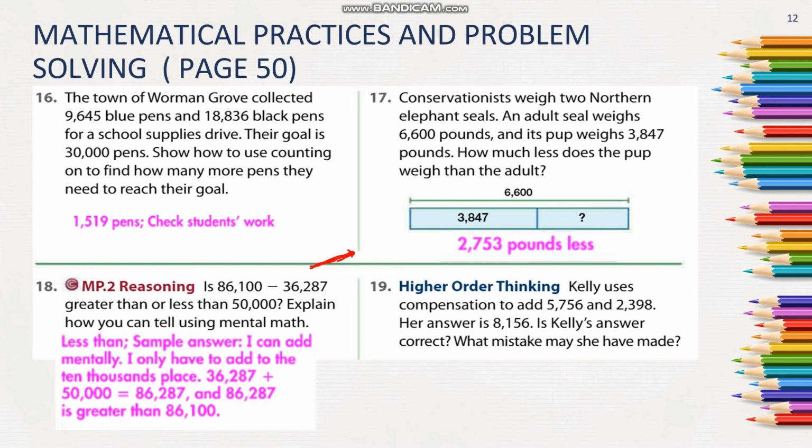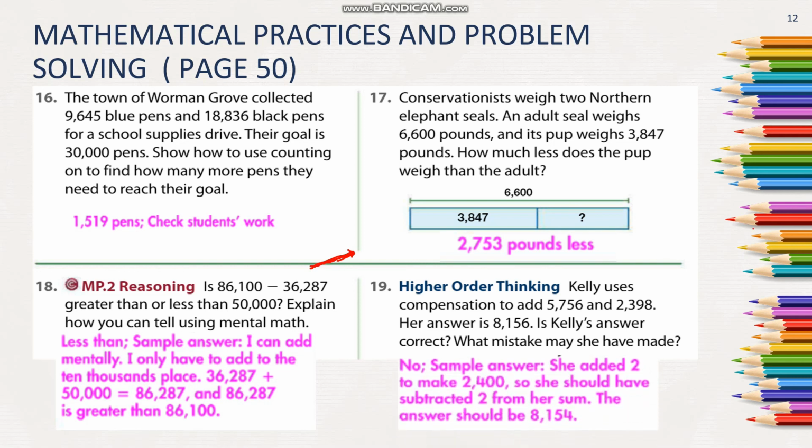Number 19. Kelly uses compensation to add 5,756 and 2,398. Her answer is 8,156. Is Kelly's answer correct? What mistake may she have made? The answer is no. Why? Because she added 2 to make it 2,400. So from 2,398, she added 2, so it becomes 2,400.